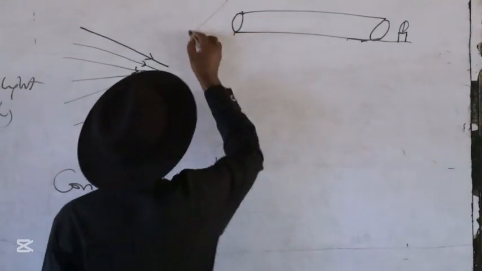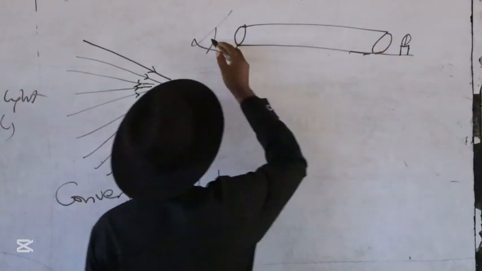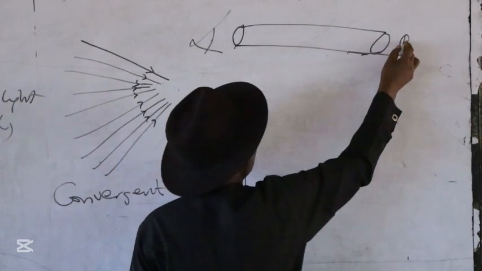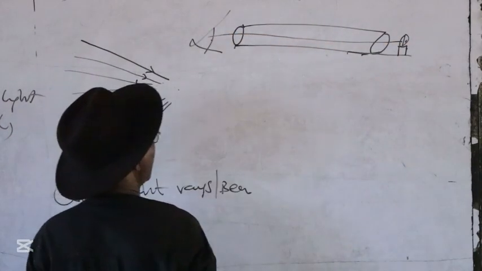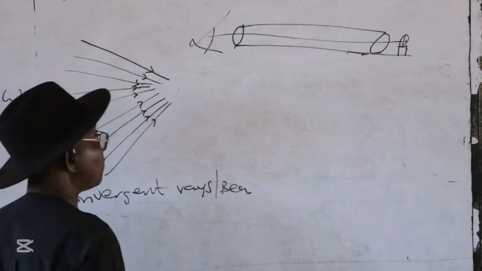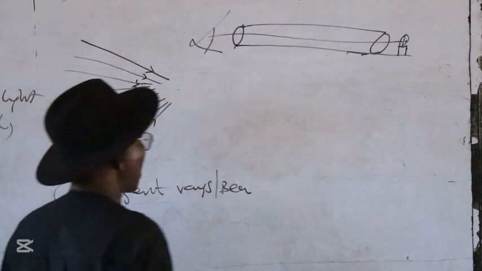So you set your eyes here. The rays of light from here, at least this side, we are able to see these rays of light. They go through this and fall into the eyes of the observer, because light travels on a straight line.